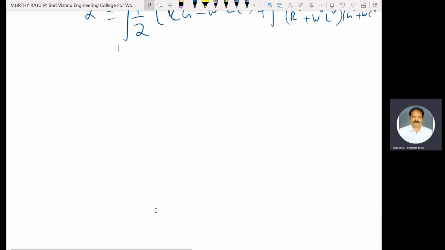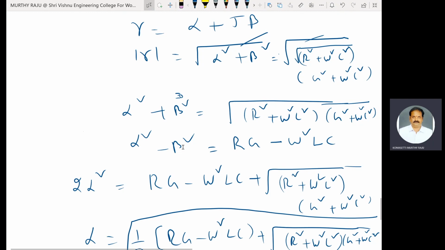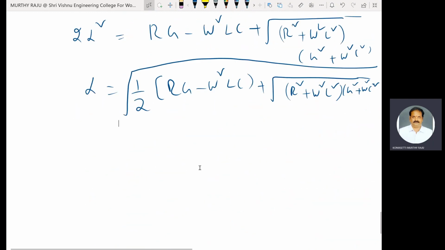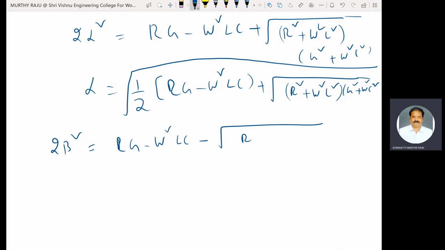From the equations alpha square plus beta square and alpha square minus beta square, first we add to get alpha, and then subtract the two equations. Therefore, 2 beta square is equal to RG minus omega square LC minus square root of (R square plus omega square L square) into (G square plus omega square C square).